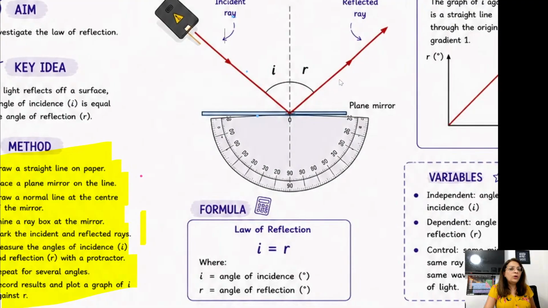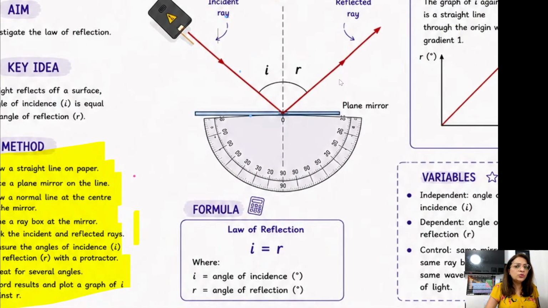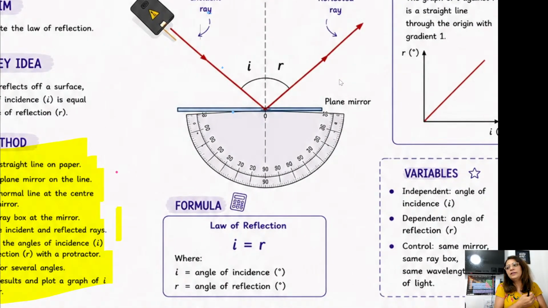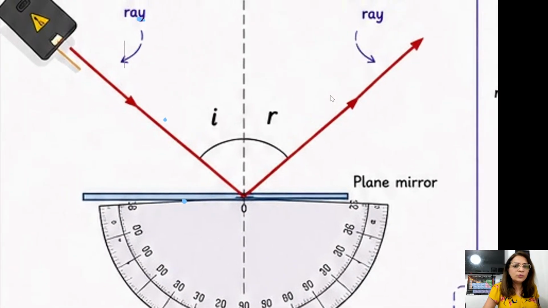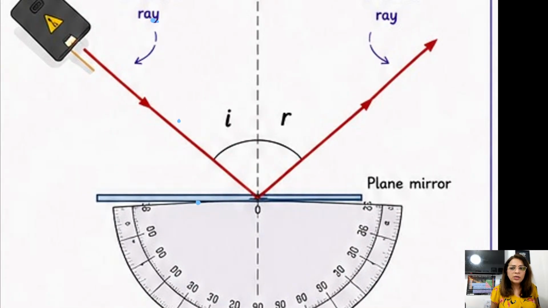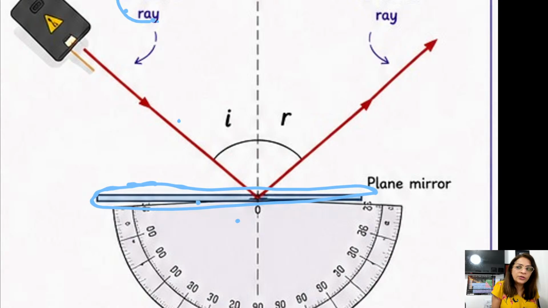Okay, so what is happening with this practical is, look at the board here, everyone. What you simply do is this. You have a mirror here, a plain mirror, and this is the incident ray.